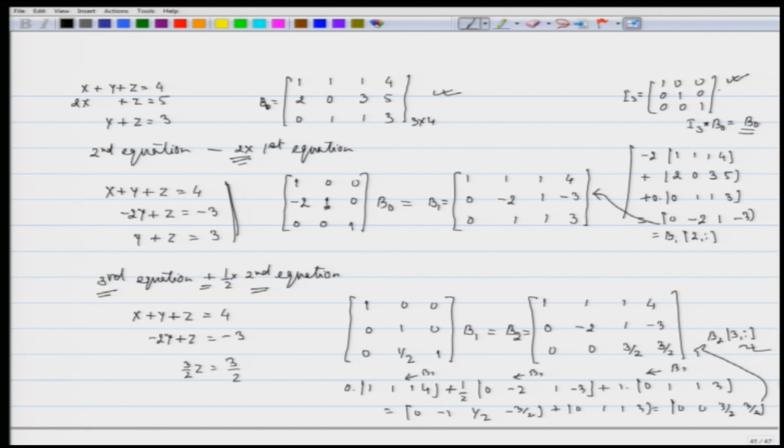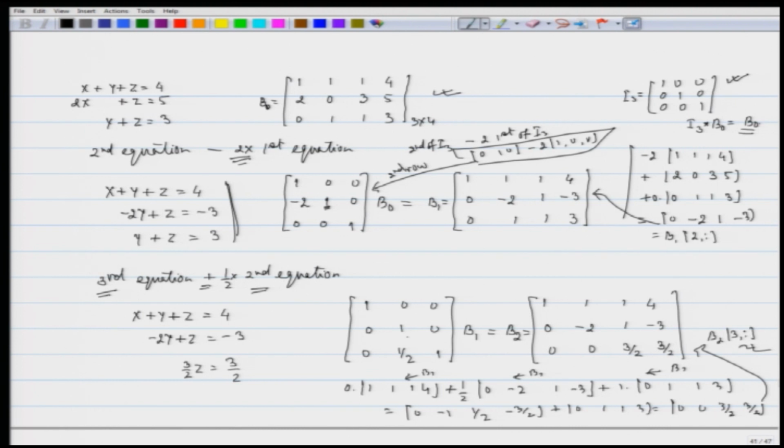If I look at the second row of I3 minus 2 times the first row of I3, I do get here the second row of I3 is 0 1 0, and this is minus 2 times 1 0 0, and I do get back this part. Look at that, minus 2 1 0, this is nothing but the second row here, all right.